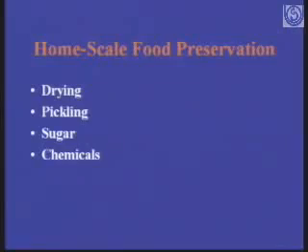If we have the next slide, what we are talking about is drying, pickling, sugar and chemicals. So we have just touched on 4 types of ways in which home scale food preservation is done.